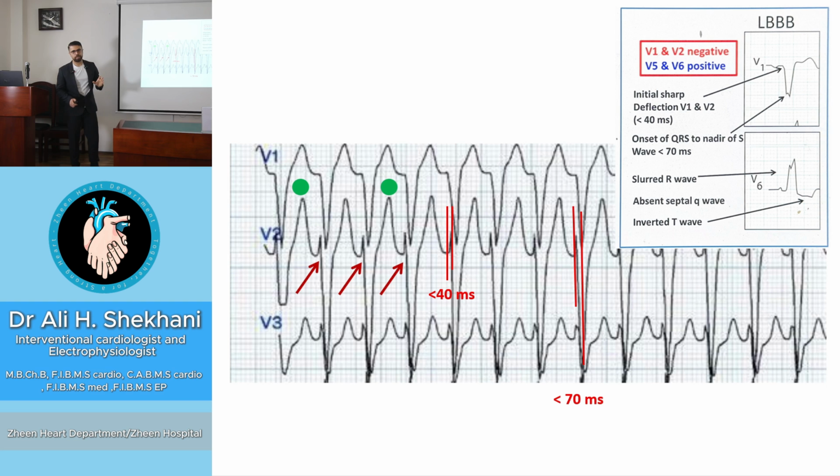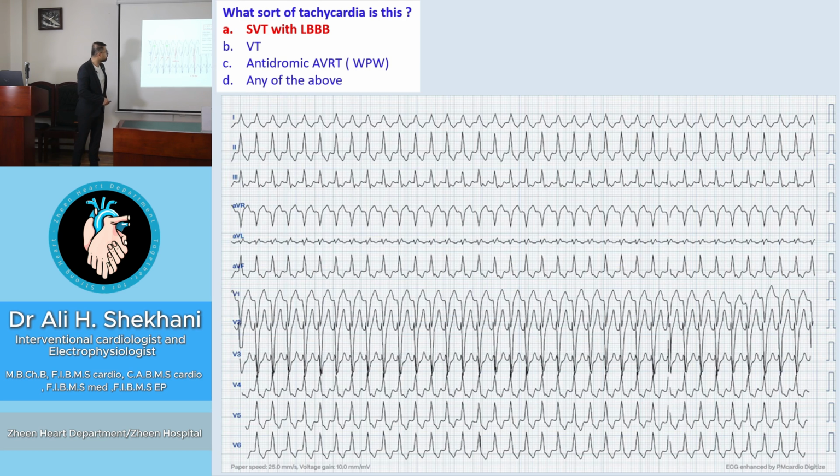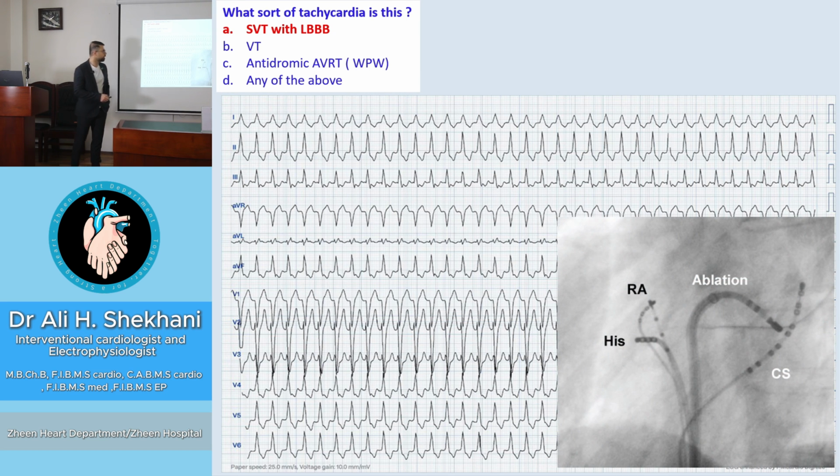So it goes with SVT with aberrancy rather than VT, as we expected. Yes, we did radiofrequency ablation and it looks to be a left lateral accessory pathway. So although this ECG is wide complex, it is SVT with aberrancy rather than VT.